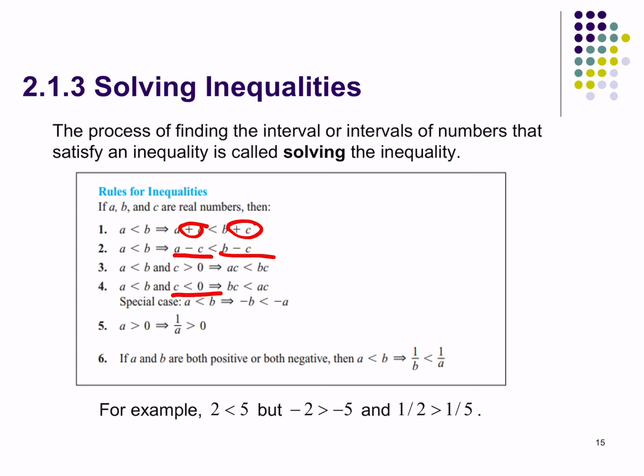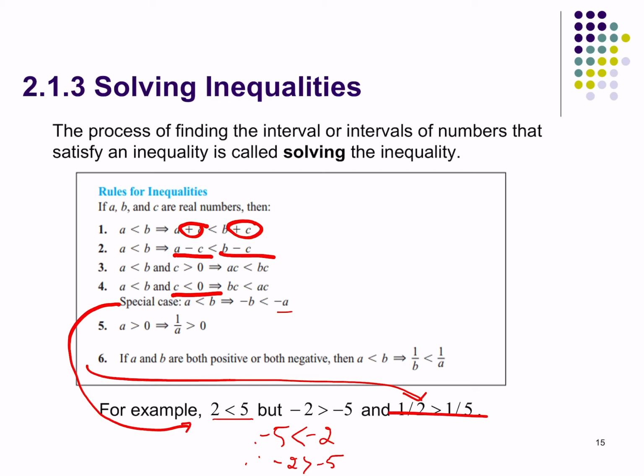For example, if you have 2 less than 5, and you apply the special case here, it becomes minus B, which is minus 5, is less than minus A, where A is 2. So you have minus 5 is less than minus 2, or in other words, minus 2 is much greater than minus 5.